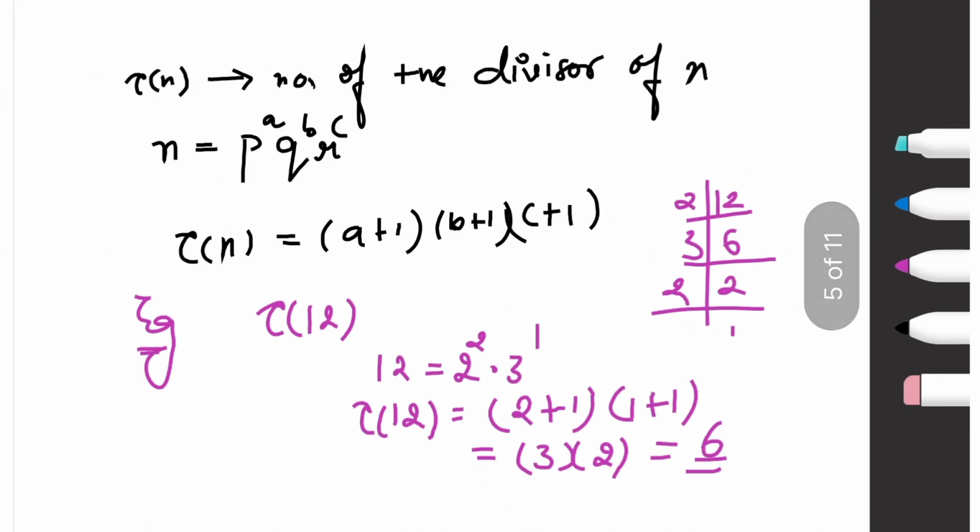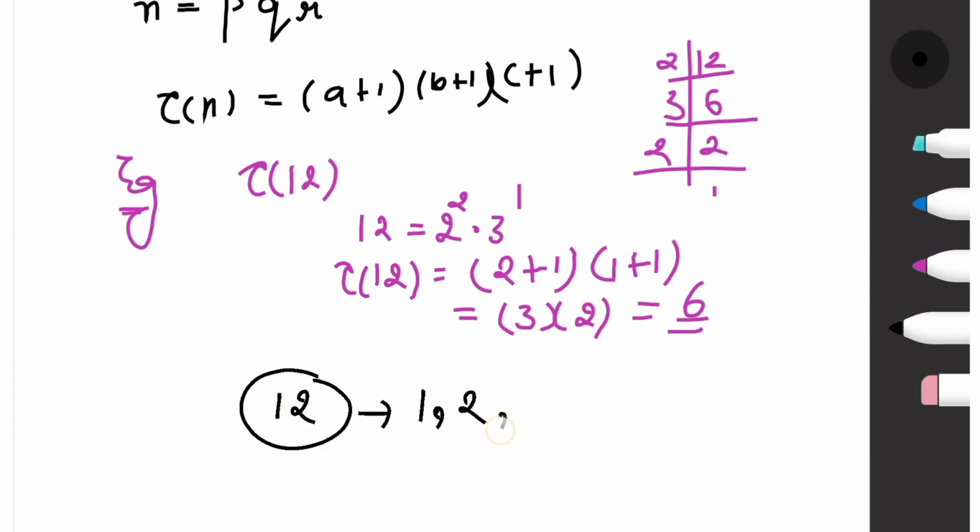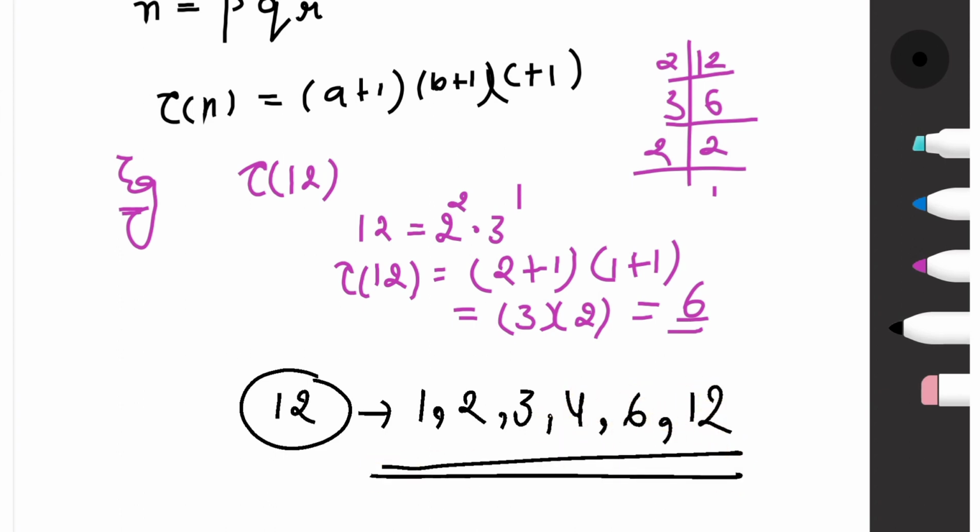Let's check how many positive divisors we get of 12. 12 is divisible by 1, 2, 3, 4, 6, and 12. And see, this tells us the number of positive divisors, which is 6.